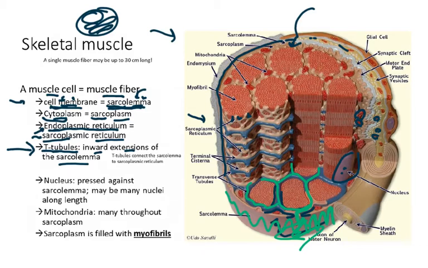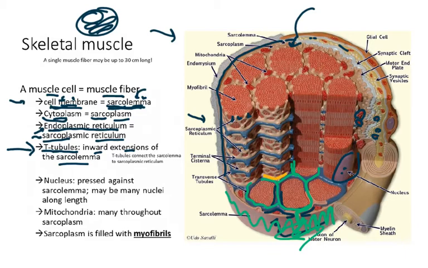Another thing that you can see here is that these T-tubules are nestled right next to the sarcoplasmic reticulum. So this proximity between the T-tubules and the sarcoplasmic reticulum is going to be highly important. Just to give you a spoiler, remember I said the sarcoplasmic reticulum sequesters the calcium?